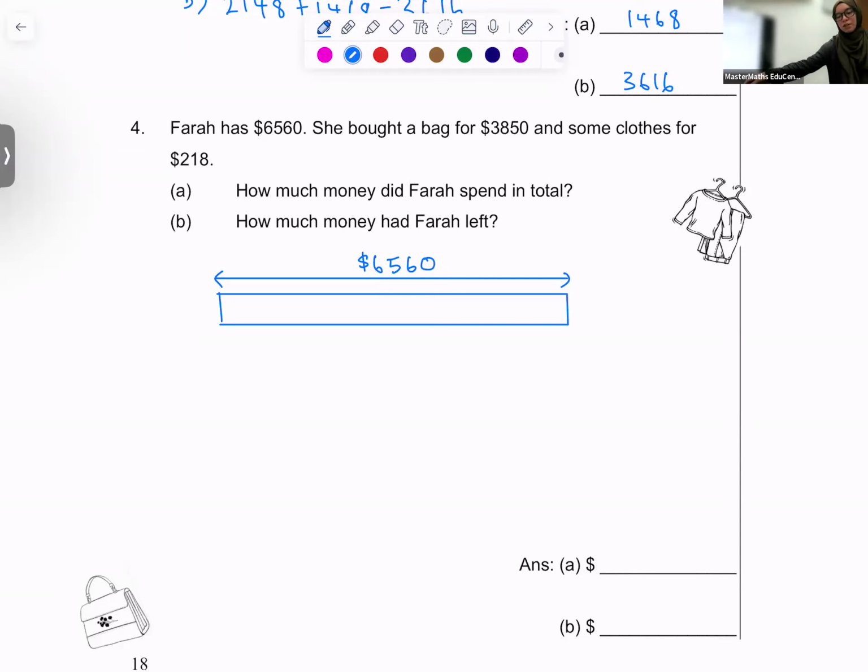Okay, so we're going to cut this up into parts. What parts are we going to cut it up into? What she spends on and what she has left. Okay, so what's the first thing that she buys? Nyla, what's the first thing that she buys? Bag. Ah, okay, bag. All right. How much is the bag?